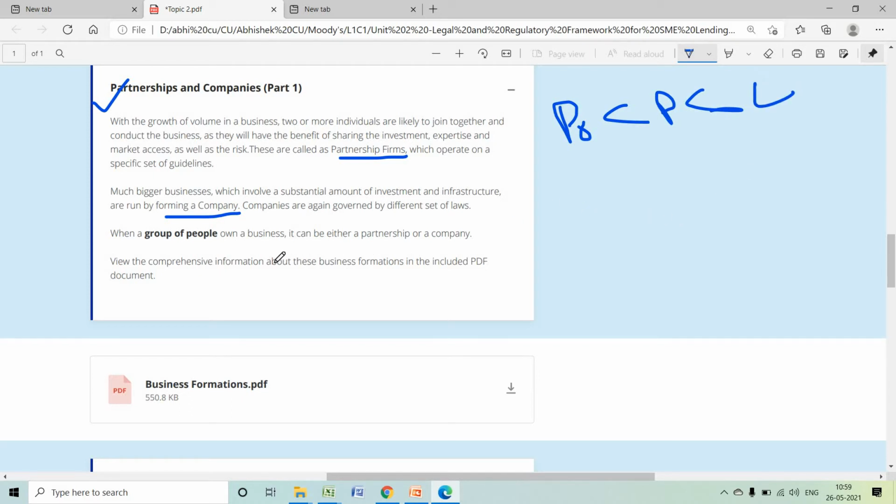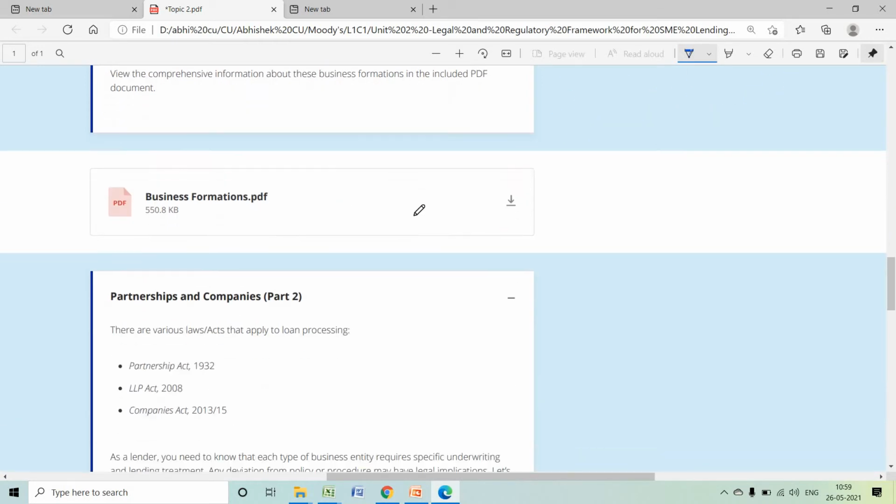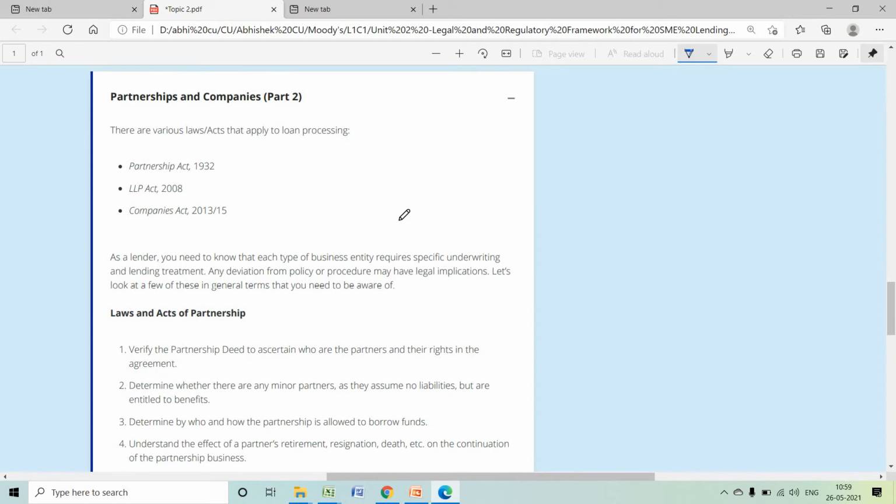So when a group of people own a business, it is either a partnership or a company. A group of people cannot have proprietorship form. Proprietorship form means only one owner. Now, if a group of people want to operate a business, they will have to either make a partnership form or make a company. The comprehensive information about these business formations is included in the PDF document.